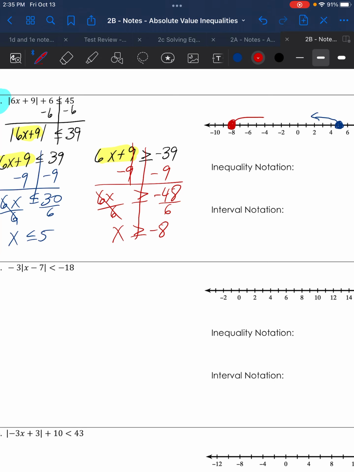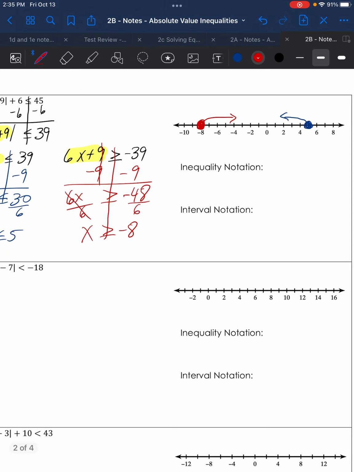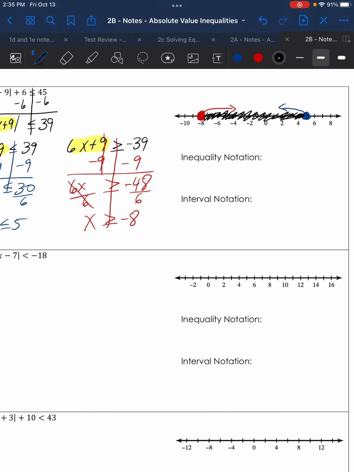So at -8, we put a closed circle, and then to the right. They're pointed towards each other. When they're pointed towards each other, that means it's going to be shaded in between. That's where they overlap. So those are all our solutions, including the points at -8 and 5.